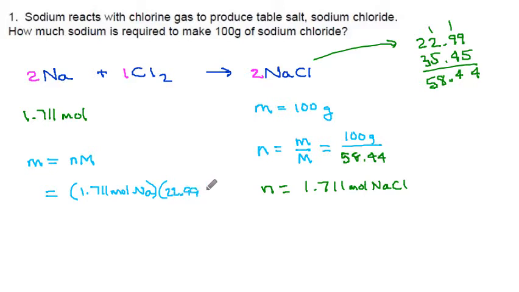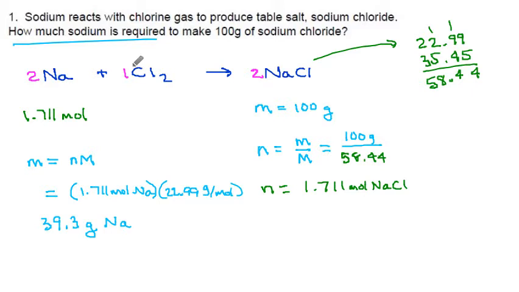Each mole of sodium has a mass of 22.99. Multiply those together and we get 39.3. 39.3 grams of sodium metal would be needed to start this reaction.